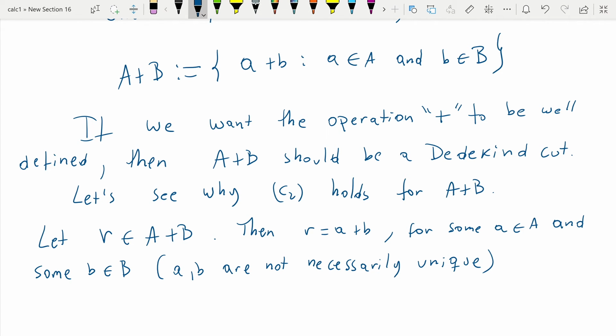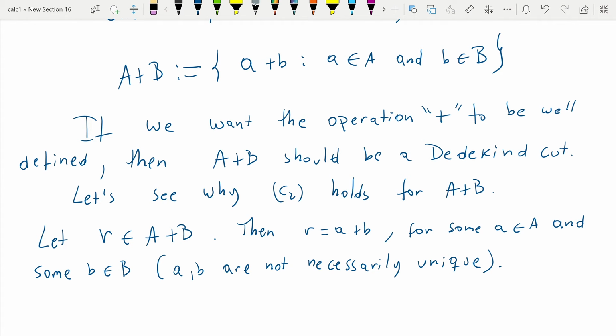We're just saying that there's at least one a in A and one b in B such that r is equal to a plus b. All the elements of A plus B are numbers that can be written as a sum of an element in A and an element in B.